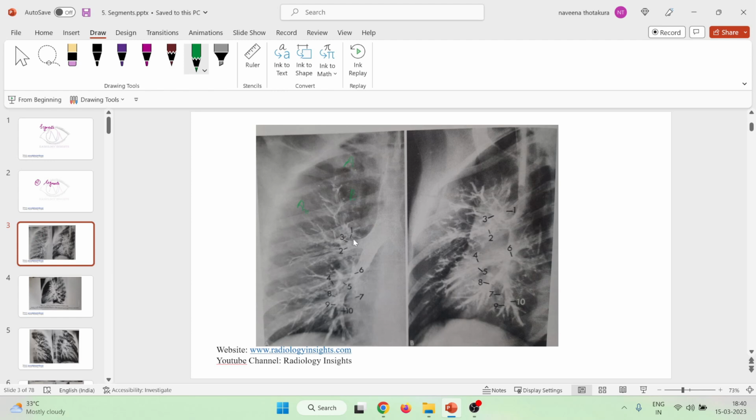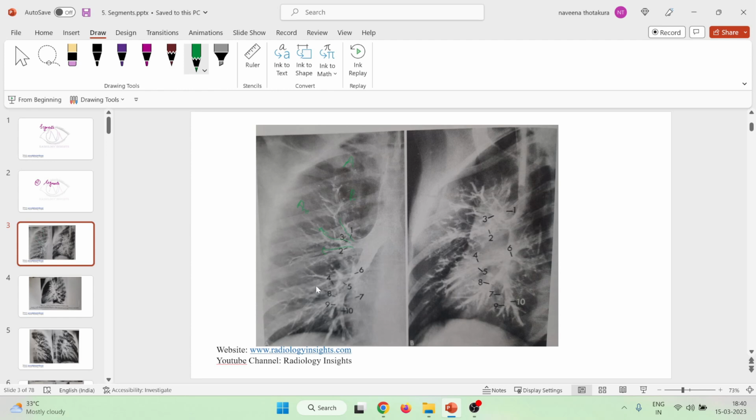The apical segment is supplied by the apical segmental bronchus, then we have the anterior segmental bronchus, which is 2, and 3, which is the posterior segmental bronchus.